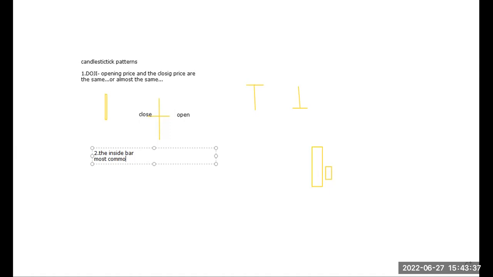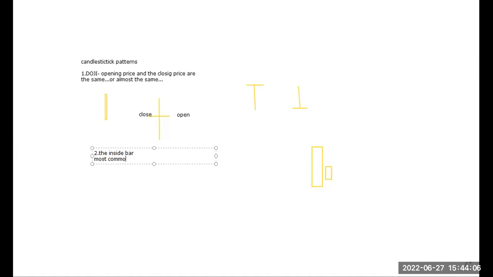The inside bar can form in the middle or on the top of a trend. It forms anywhere, just like any other candlestick. So like I said, you shouldn't use these patterns as just a trading methodology. Use them as a way of adding to your analysis, or to make entries later on. We'll learn that, right?